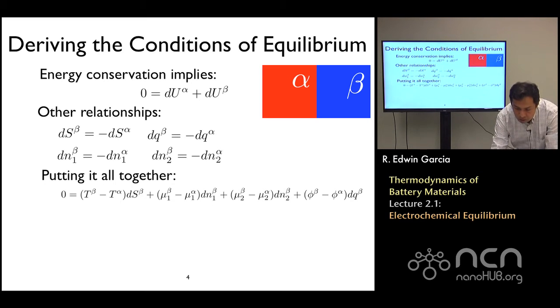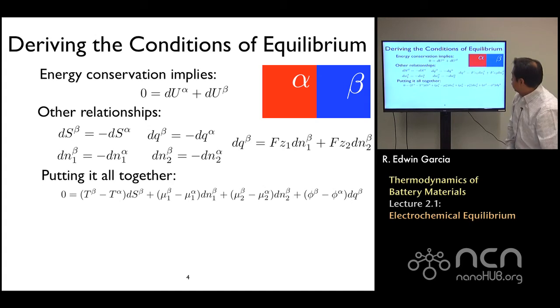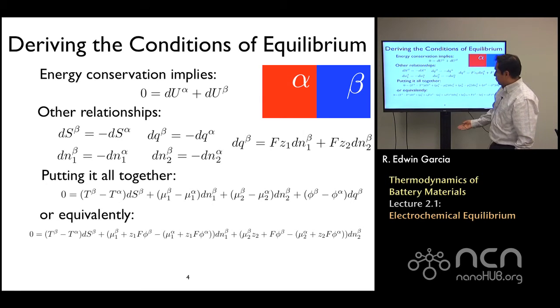So in order to do that, we need to take the differential expression of how charge relates to the amount of each component. Okay, you can take this expression and substitute it in here, and if you rearrange terms, you will find this relationship.